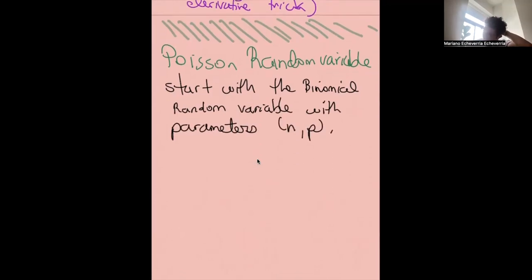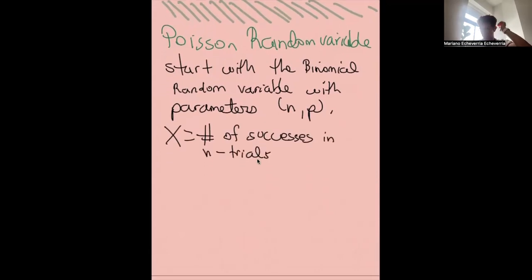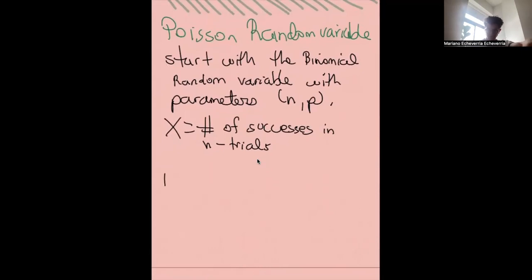Again, that was the number of successes in n trials. And this one was given by the probability that X equals i equals n choose i times p to the i times 1 minus p to the n minus i.